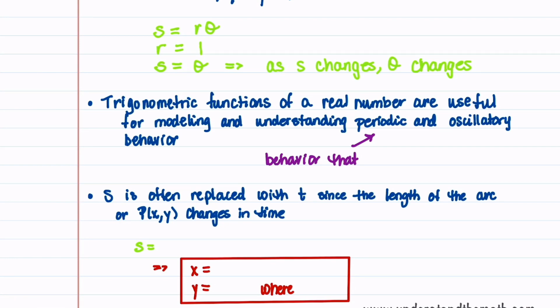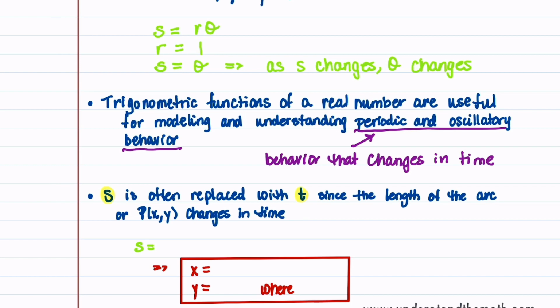Trigonometric functions of a real number are useful for modeling and understanding periodic and oscillatory behavior. That's behavior that changes in time. S is often replaced with t since the length of the arc, or P of x y, changes in time.